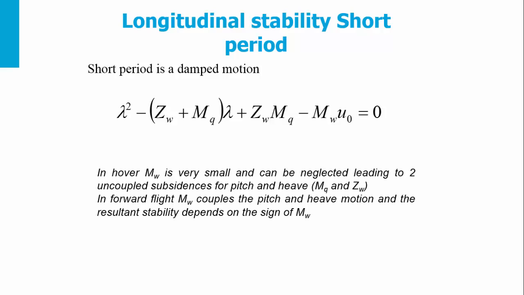In forward flight, the Mw will couple the pitch and the heave motion, and there will be a resultant stability depending on the sign of this derivative. Therefore, you learn that in aircraft the short period is usually an oscillatory mode. You will see that in helicopters, especially in hover, this mode is non-oscillatory.